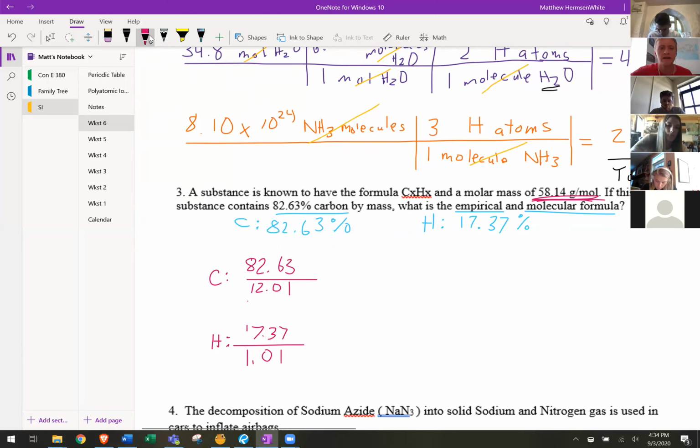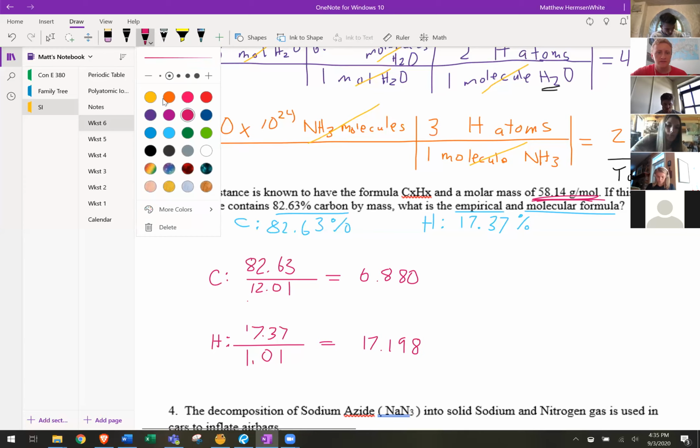And what we're doing right now is we're saying, if we had 83 grams of carbon, what would be the equivalent amount of moles? And in that case, you have to divide by the molar mass of just carbon. So we do 82 divided by 12, and you get 6.880. And for hydrogen, 17 divided by 1, and you get about 17.198.